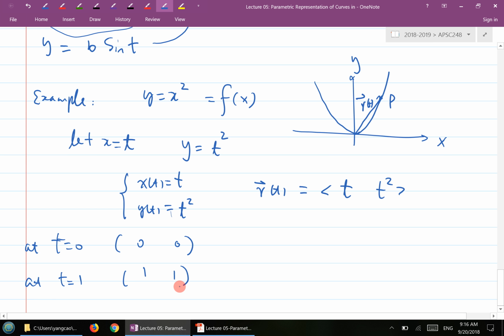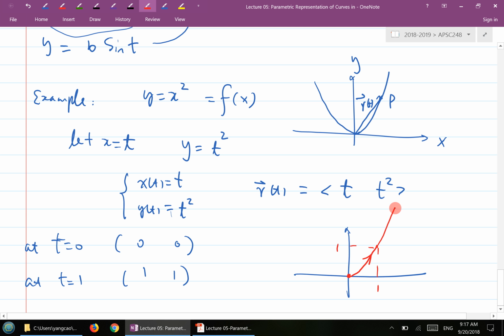That's how you think in terms of moving points on the curve. So it starts here, and then it moves in that direction, and it keeps going as t increases.